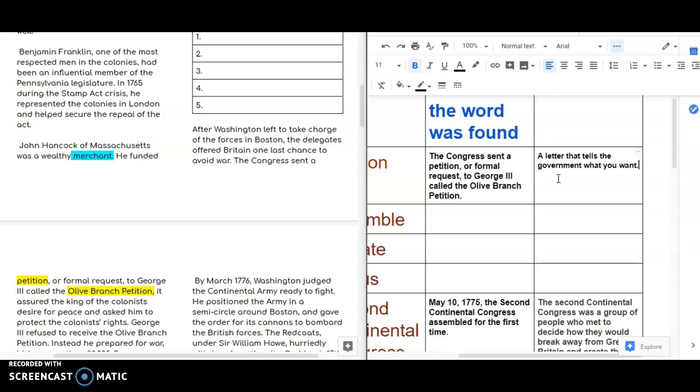People sign it to show that lots of people are in agreement, or people who are in agreement with it will sign it. So I'm going to put that because that's some extra information that I have. People sign it to show how many people are in agreement.